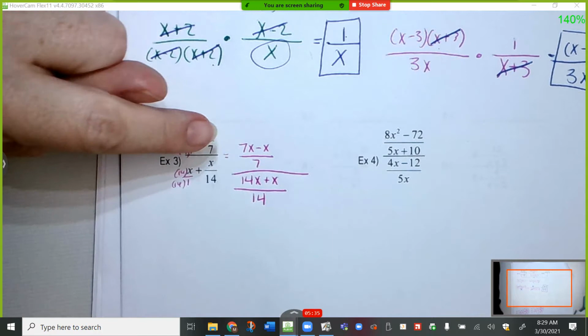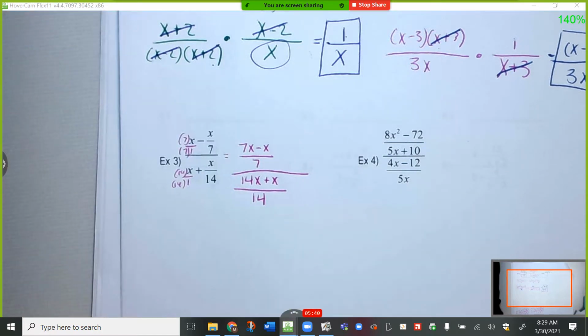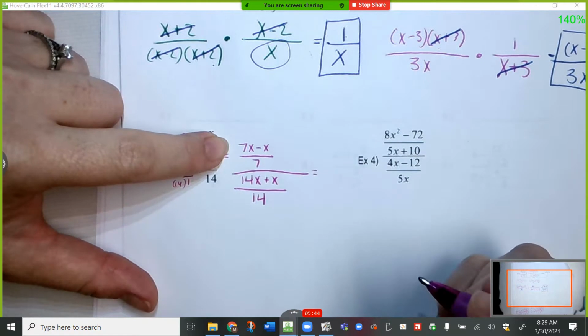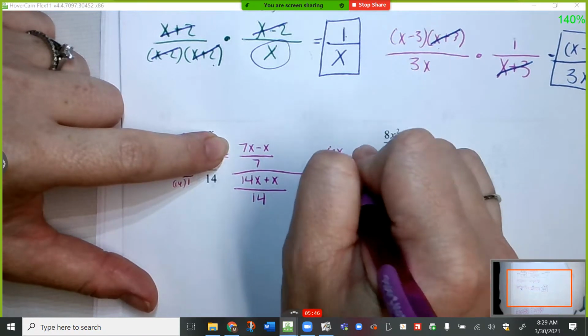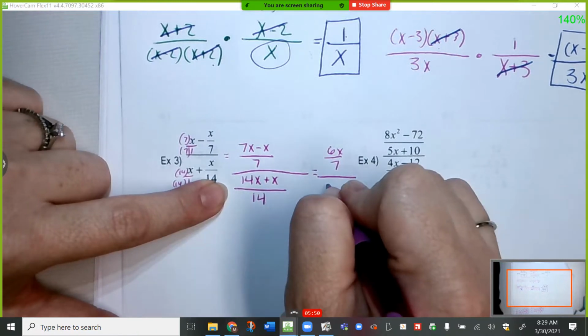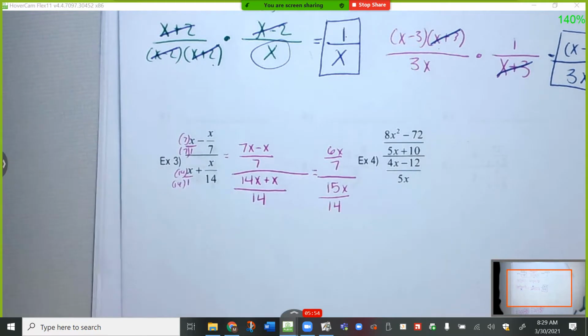Now, I want you to realize here, y'all, 7x minus x is like terms, right? So what's 7x minus x? 6x over 7 over, what's 14x plus x? So now that I have them simplified, which technically you could have waited, but I didn't.